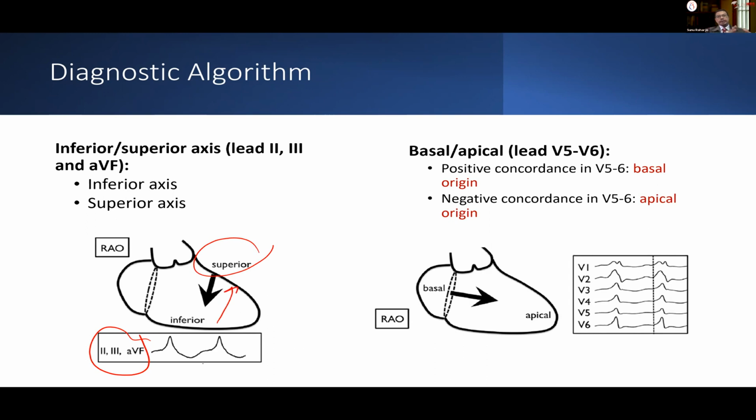And regarding the basal or the apex, we could see in the precordial transition, if we look at like this, positive concordant, most likely this is from the basal. And one of the parameters is V5 and V6. If those are positive, probably from the basal, and vice versa. If it is negative, then probably from the apical.